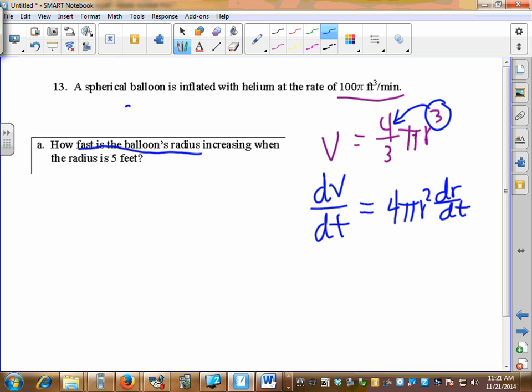And we are looking for what in this problem, by the way, dV/dt or dr/dt? We are looking for dr/dt. So what information have you been given? The radius is 5, and dV/dt is 100 pi.